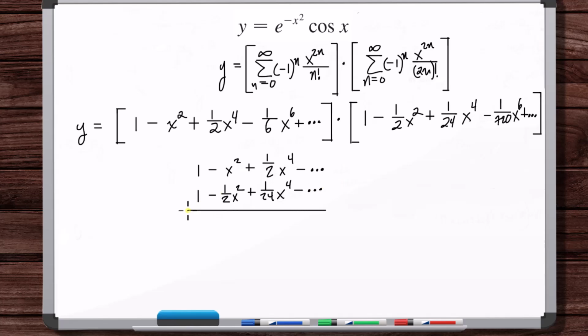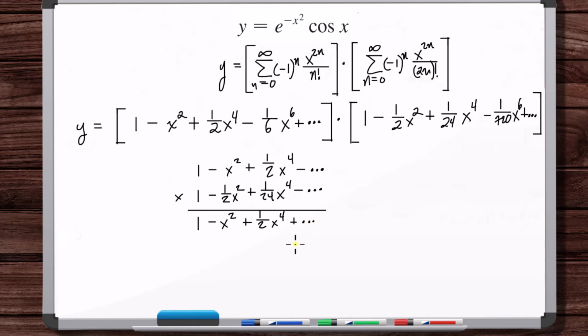Okay, so we're multiplying these two. So next we're going to go term by term. We're going to do 1 times this, and times this, and write it out like so: 1, and then minus x squared, and then plus 1/2 x to the 4th.